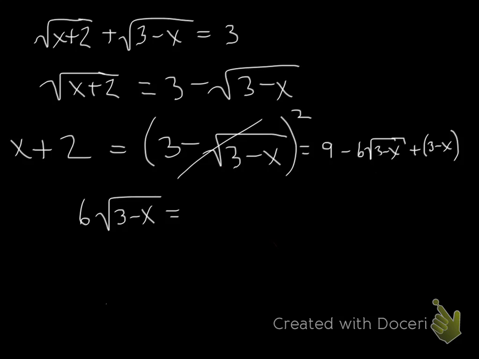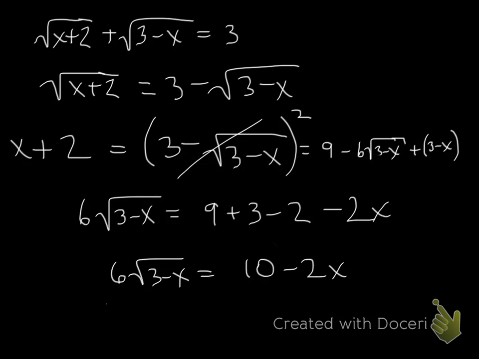On the right you have 9 plus 3 and minus 2. And we have 1x moving across, and we have a minus x here. That's minus 2x. Simplify this.